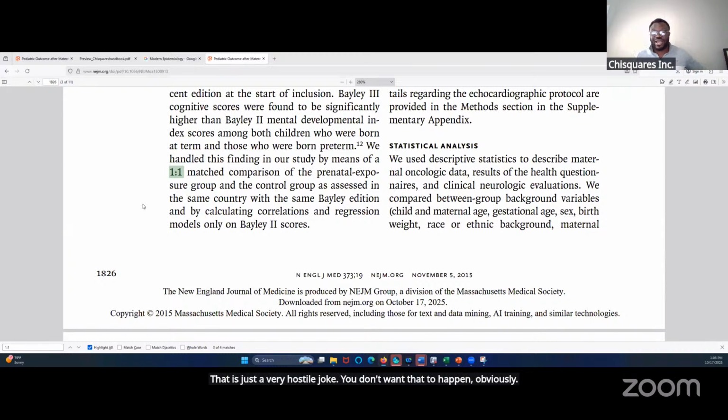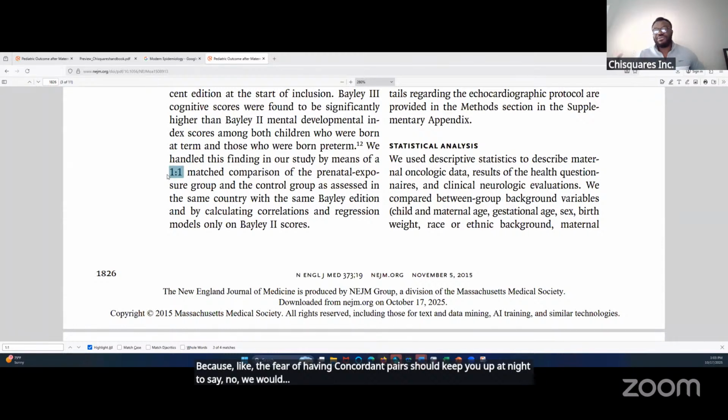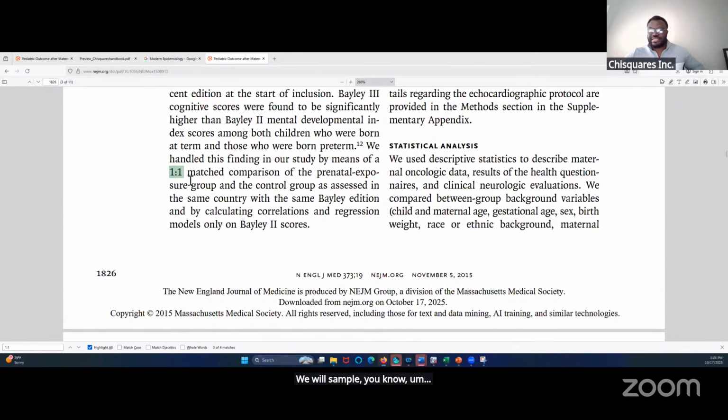So it will take a very brave researcher to do one-to-one matching in a case control study. You are either very brave or very naive, or maybe a little bit of both. The fear of having concordant pairs should keep you up at night to say, no, we will sample at least 2-to-1, or I recommend 4-to-1.